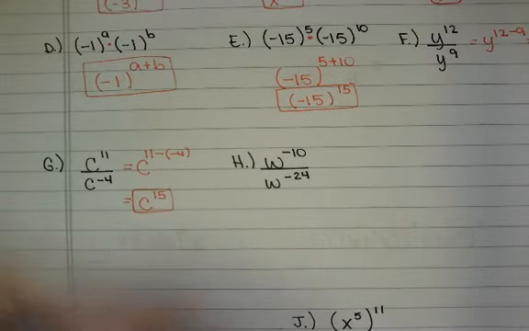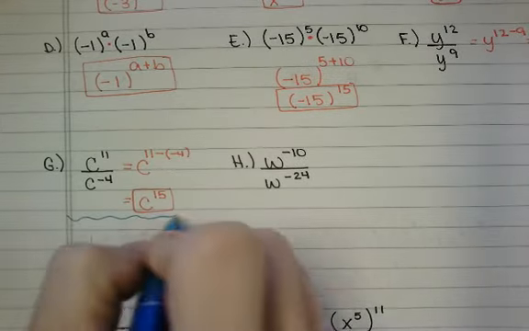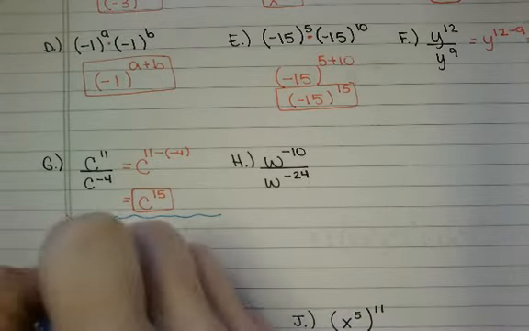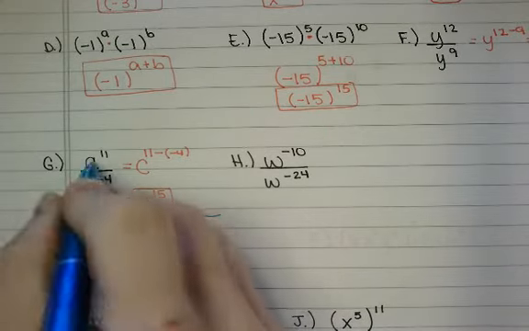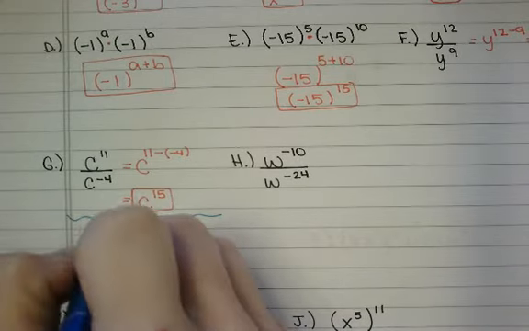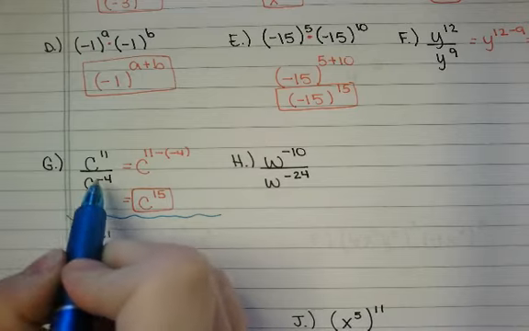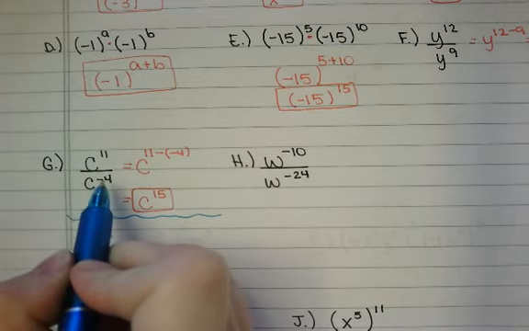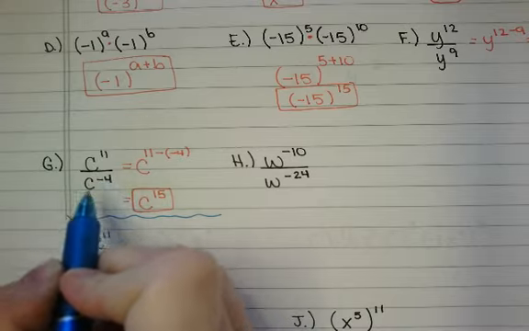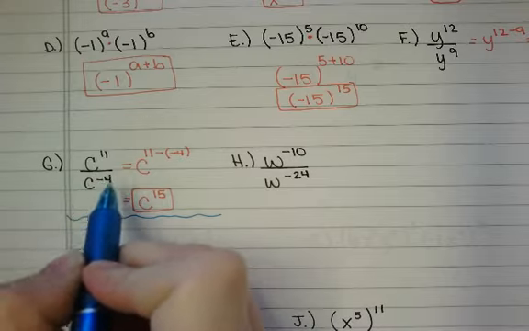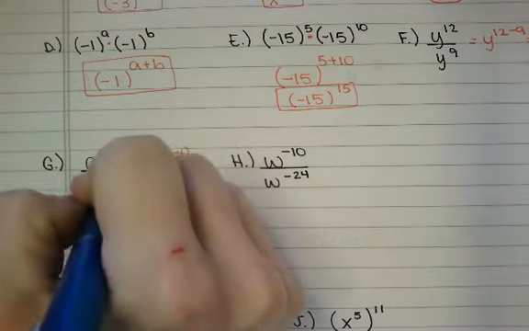Another way that you could do that same problem is using your property of negative exponents. So I have a c to the 11th, that's going to stay put. Now anytime you have a negative exponent, if you want to clear it out, you need to flip its position on the fraction. So if this is right now in the denominator, I'm going to move it up to the numerator.